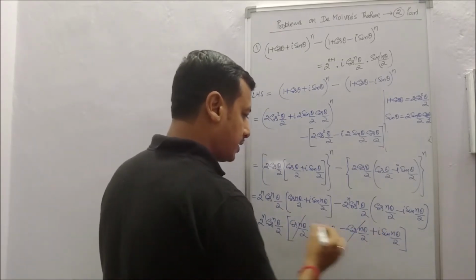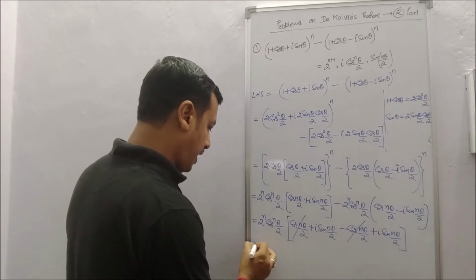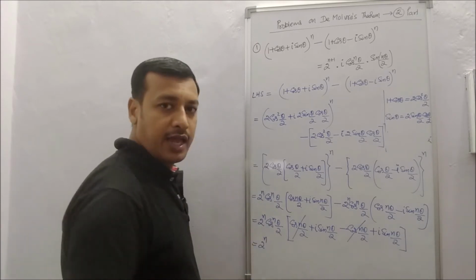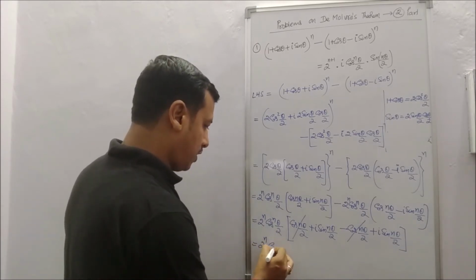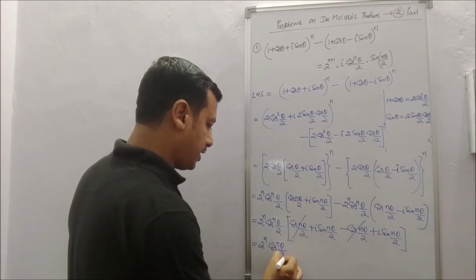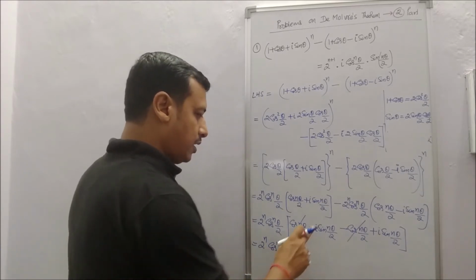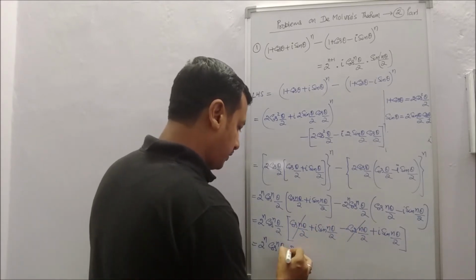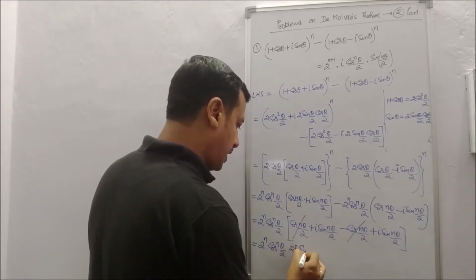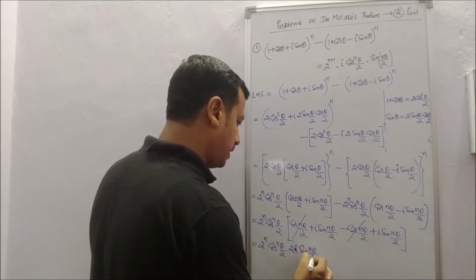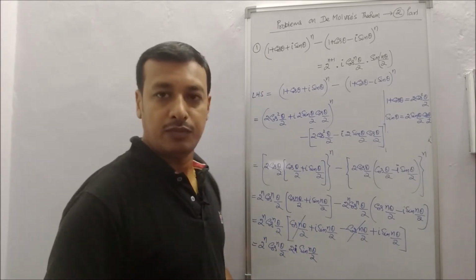So this term cancels out. So we have 2^n cos^n(θ/2) times 2i sin(nθ/2).